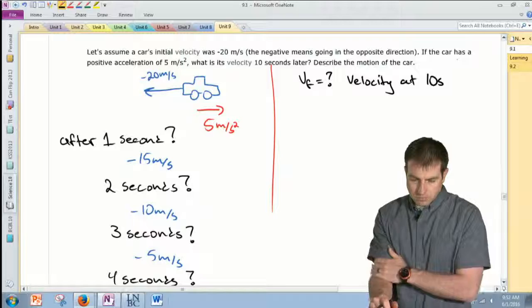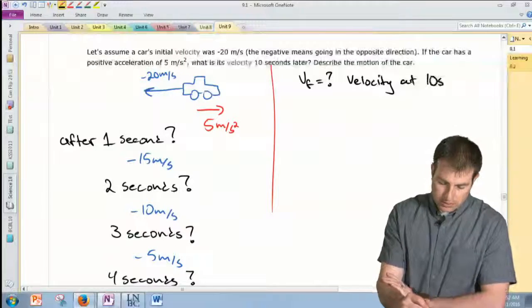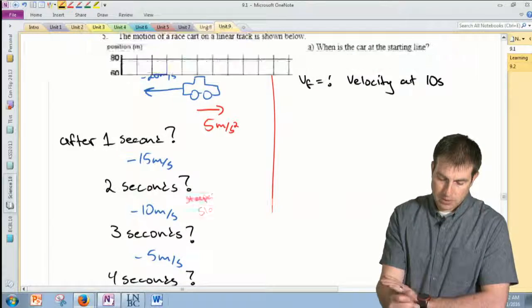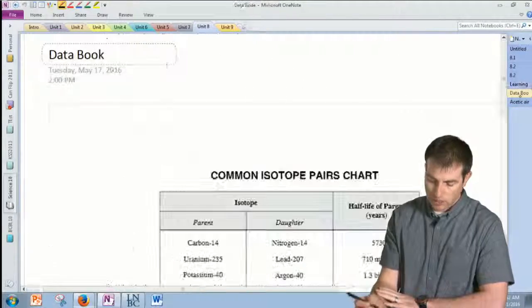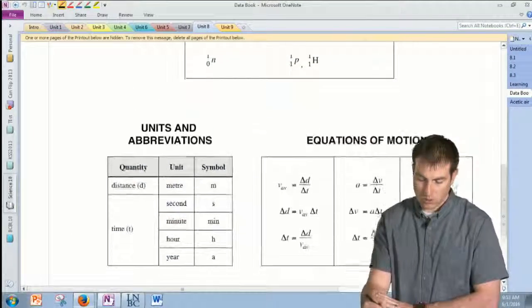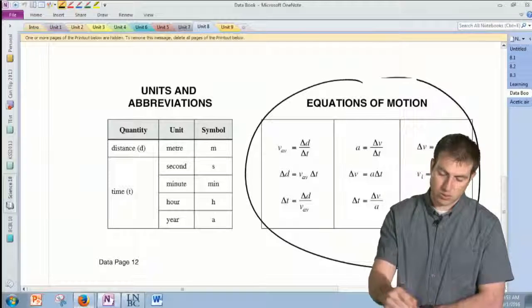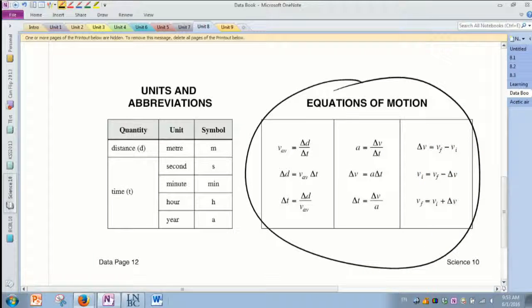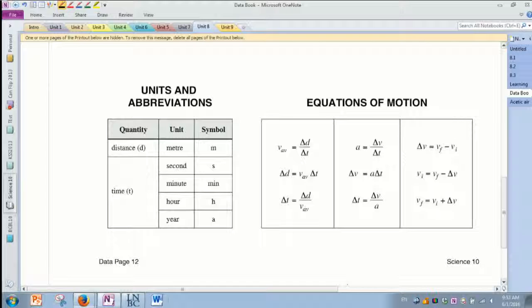Now, I know I have all these formulas on the back of my data book, and I need to figure out which ones I need to use. So these are all my equations of motion here. Now, I've just said I'm trying to find the final velocity.